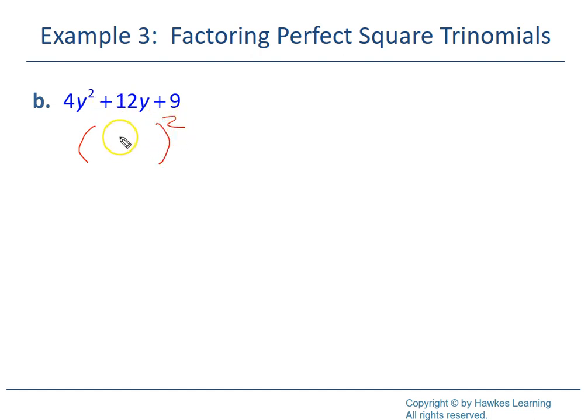We're going to use the middle sign right there. This is going to be 2y. This is going to be 3. And then we square this term. Multiply these two together, get 6y, double it, get 12, square this term, we get this.